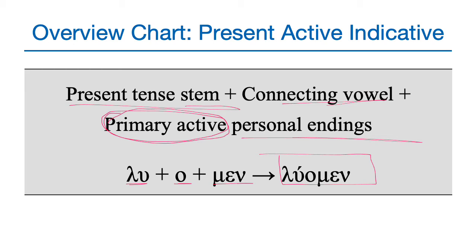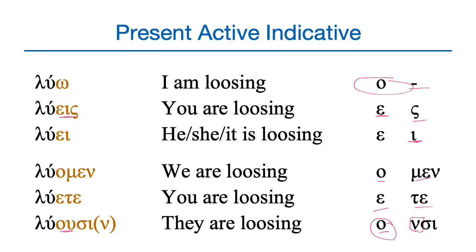So in the Greek you will see lu, lambda upsilon, plus omicron, the connecting vowel, plus men. Men is the personal ending, in this case the first person plural personal ending. Luomen: lu is the stem, omicron is the connecting vowel, men is the personal ending. Don't worry, it's going to become clear soon.